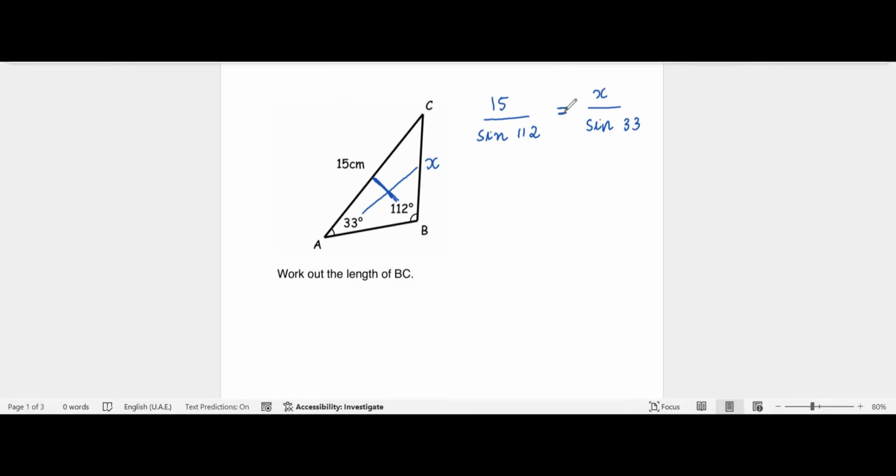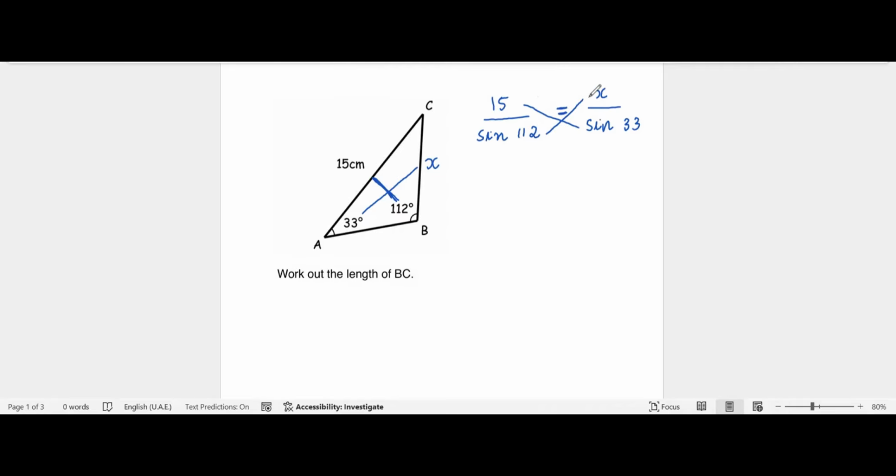Now we have two fractions, a first fraction and a second fraction, with an equal sign in between. There is only one thing in math which we can do, that is cross multiplication. So we cross multiply them.